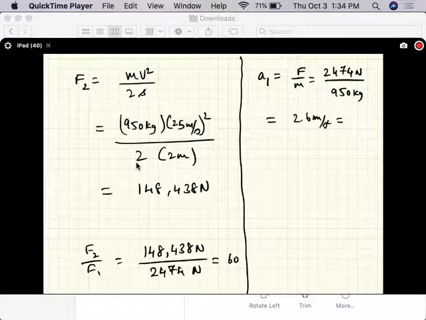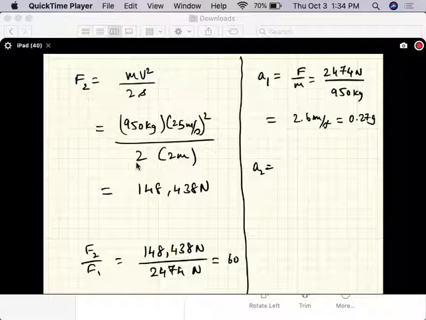So the deceleration is 2.6 divided by 9.8, again 0.27 G. Okay, so the braking force is 0.27 G. All right, so the braking force is 1/4 of the weight of the car.